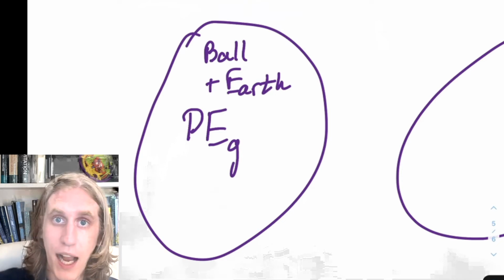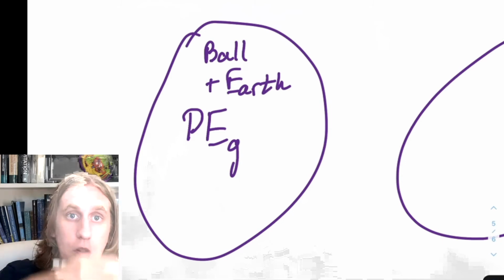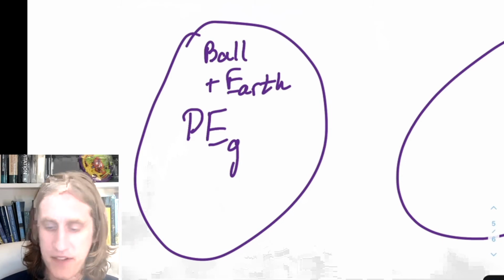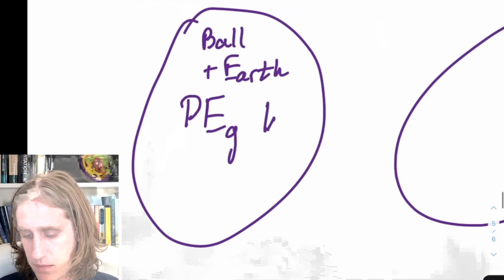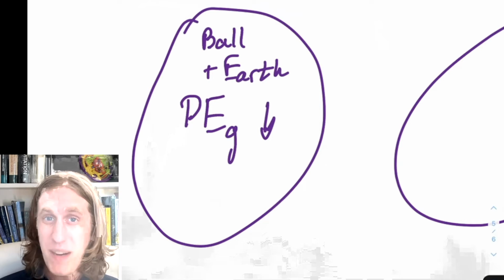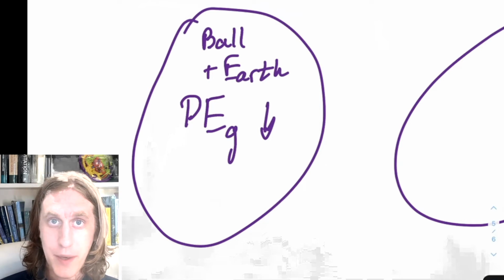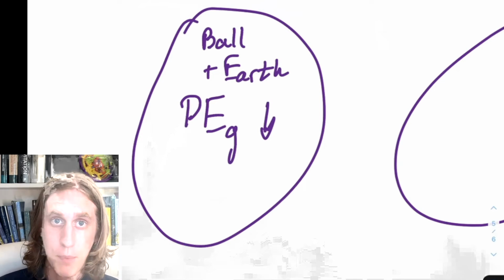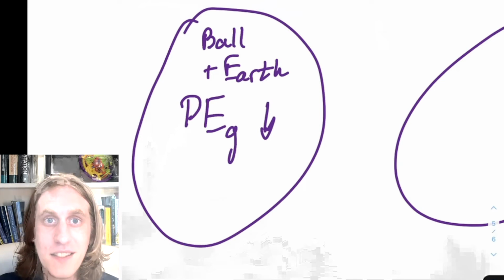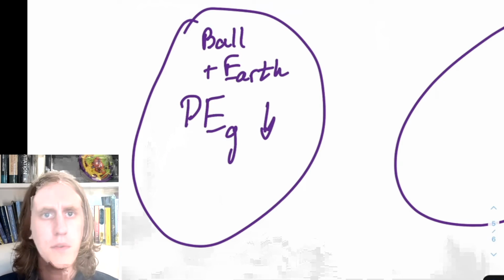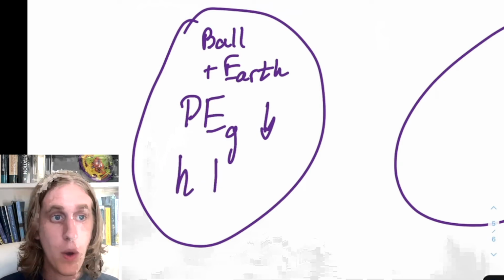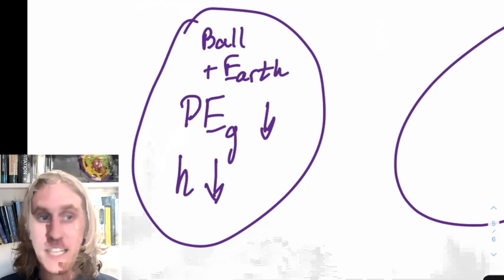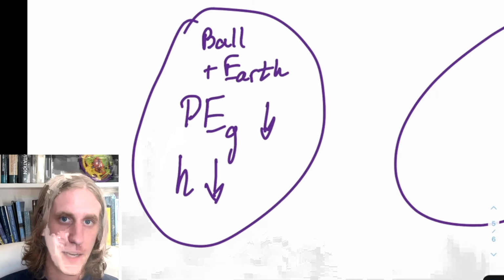The lower the height, the closer it gets to the floor, the less gravitational potential energy it has. How do we know that its gravitational potential energy is going down? Well, I just said it. It's because the height of the ball is decreasing. Its distance from the floor is going down. So we know that our gravitational potential energy is decreasing because the height of the object is decreasing.